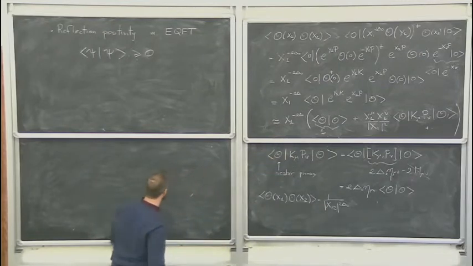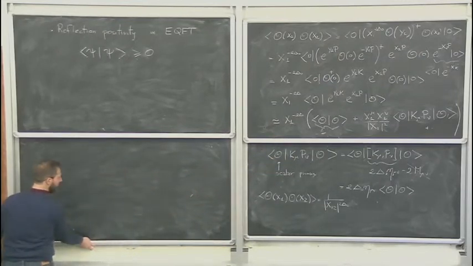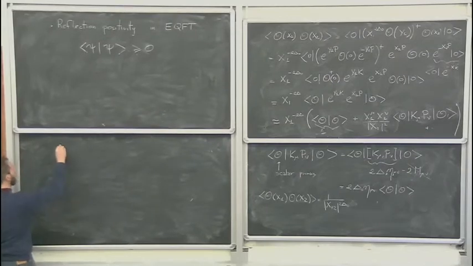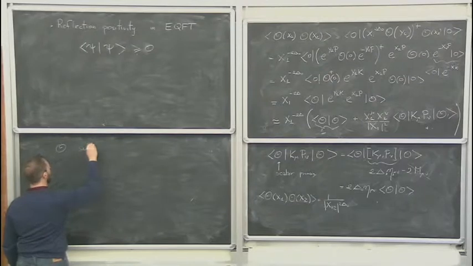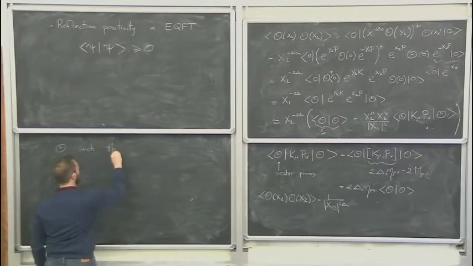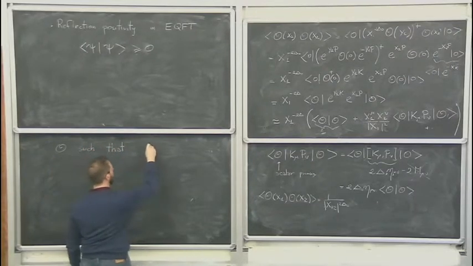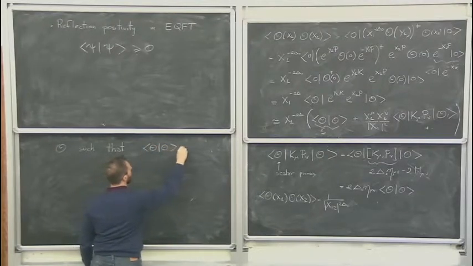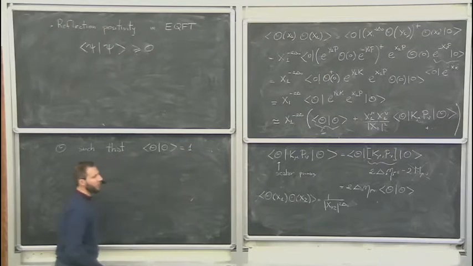Because suppose that we started from a primary O such that the norm of O is positive. Okay, so we define it to be 1, which you can always do provided you scale O.